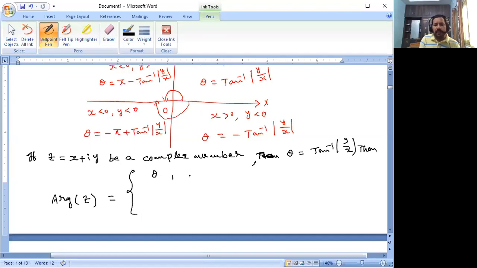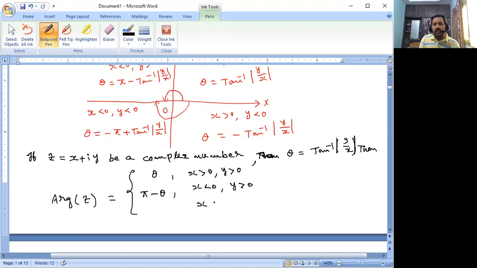Where is the complex number now? In the first quadrant, x greater than 0, y greater than 0, that value is theta. If second quadrant, x less than 0, y greater than 0, take the angle pi minus theta. Theta value we can find like this, tan inverse of mod y by x.